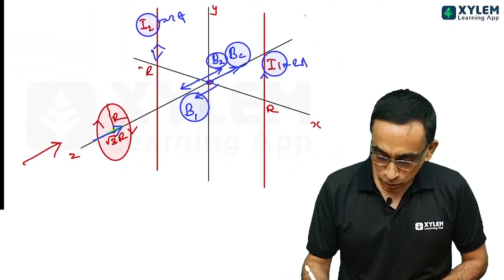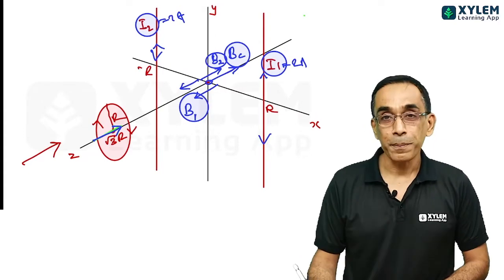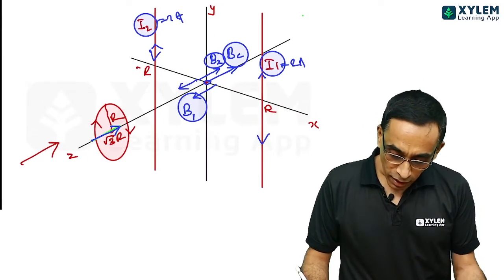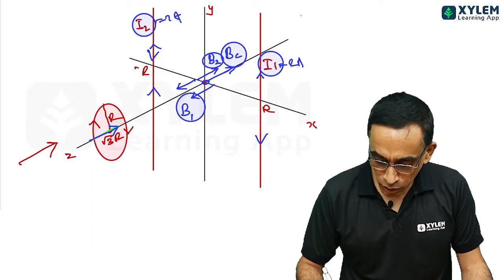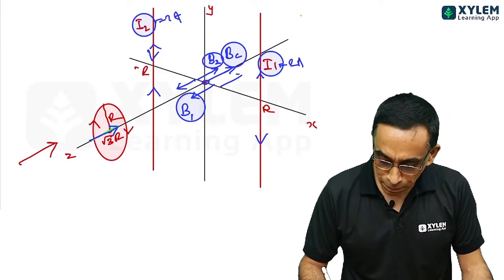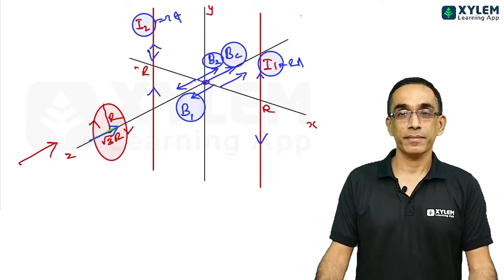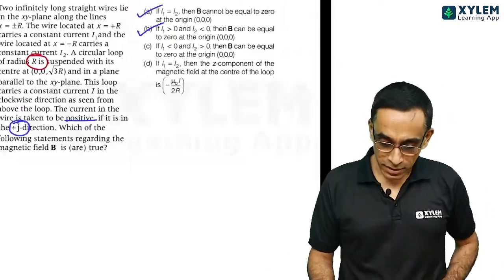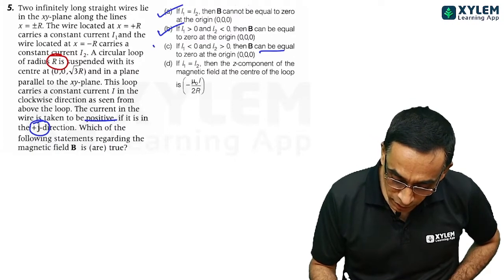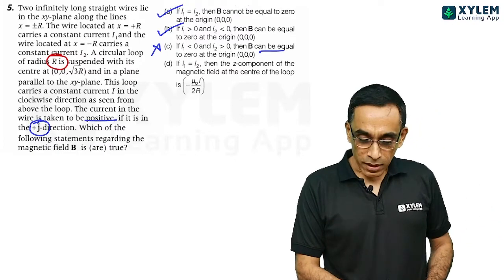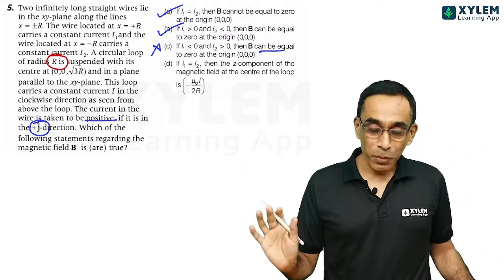I1 less than 0 എന്ന് പറഞ്ഞാൽ I1ന്റെ ഡയറക്ഷൻ താഴേക്കായിരിക്കണം, I2 greater than 0 എന്ന് പറഞ്ഞാൽ അത് ഫോർവേഡ് ആയിരിക്കണം. അപ്പം B2ഉം B1ഉം BCയും ഒരേ ഡയറക്ഷൻ ആവും. So they won't cancel each other. അത് തെറ്റാണ്. ഇപ്പോൾ ഒറിജിൻ്റെ ഫീൽഡിനെ കുറിച്ചുള്ള ഓപ്ഷൻസ് ഒക്കെ കറക്റ്റാണ്.